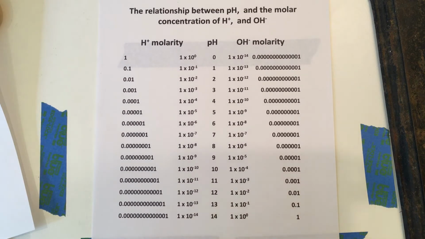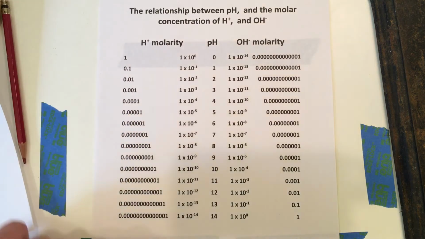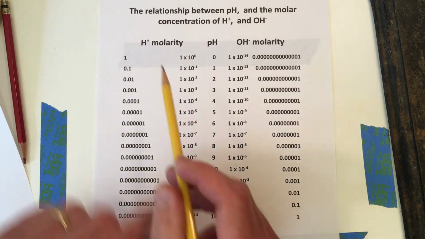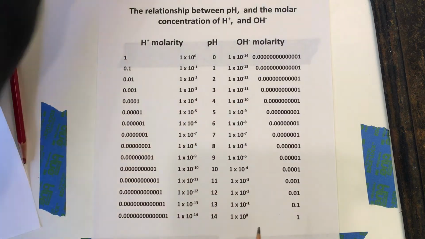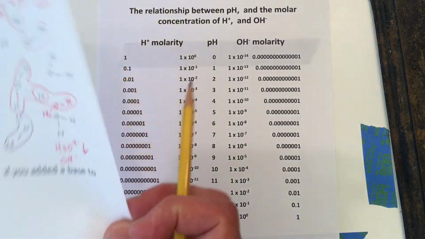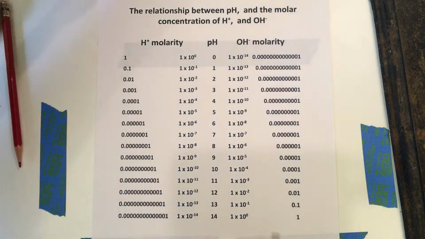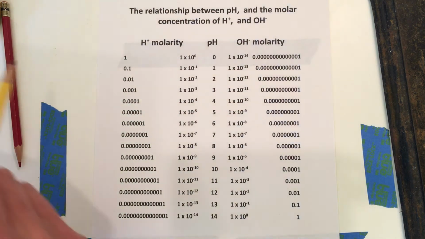So this is a relationship between pH and the molar concentration of H plus and OH minus. If the H plus concentration is very high, as I explained, which page was that?